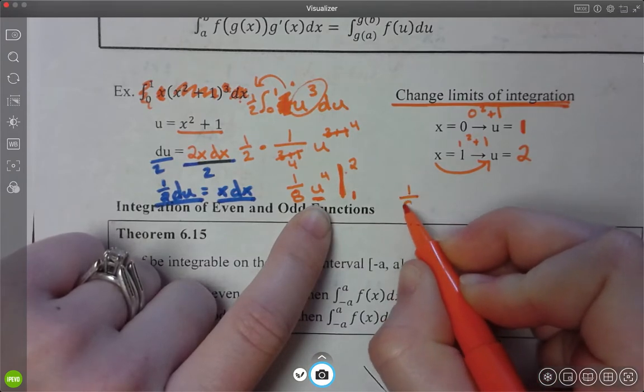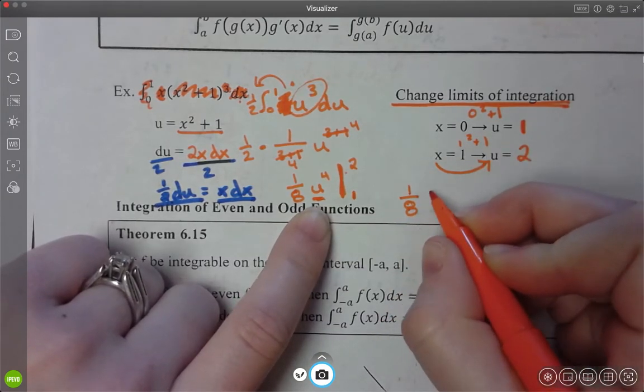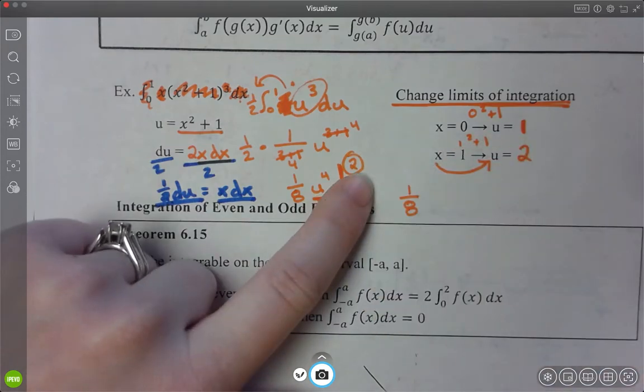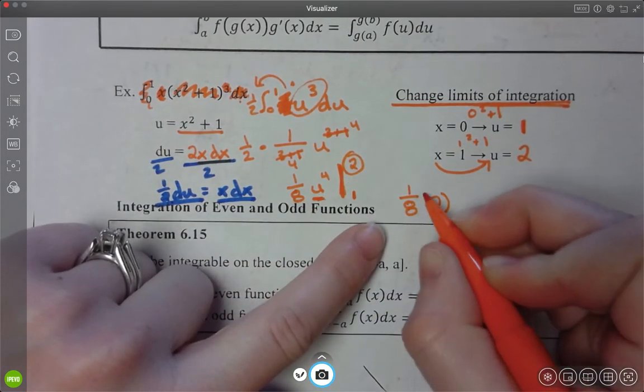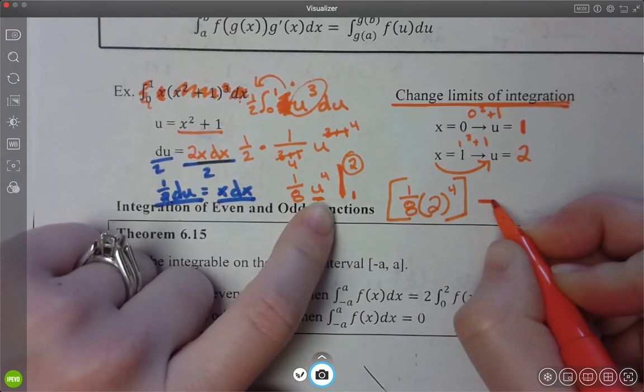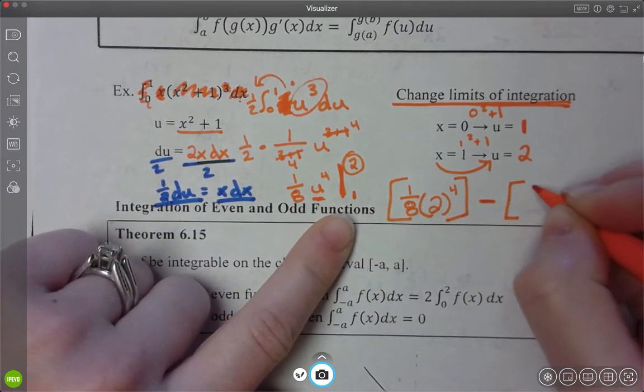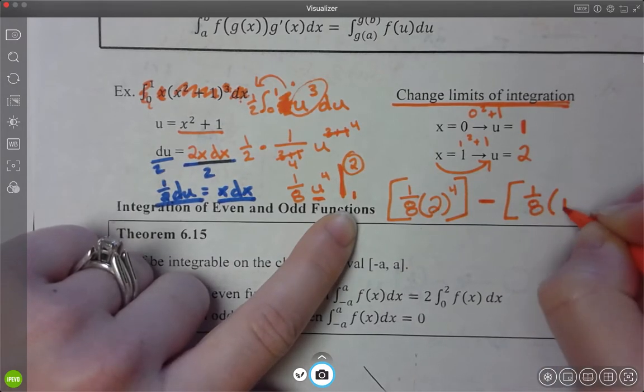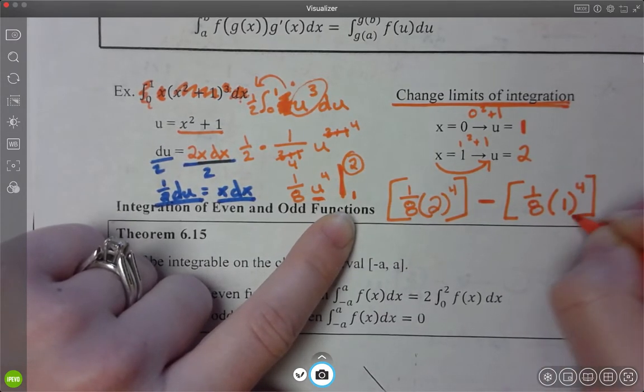So 1/8, I'm going to plug in the 2 first. I plug in the top number first. So 2 to the 4th power, that's the first part. And I subtract what I get when I plug in 1/8 times 1 to the 4th power. I subtract what I get when I plug the bottom number in.